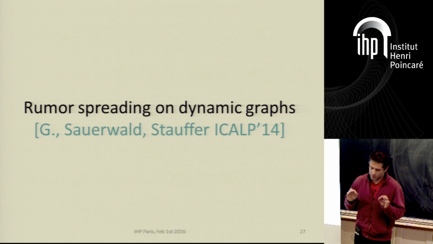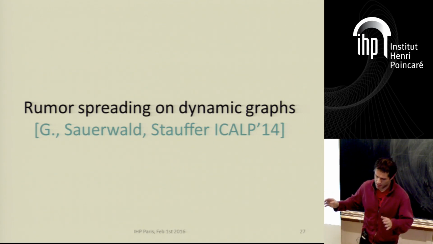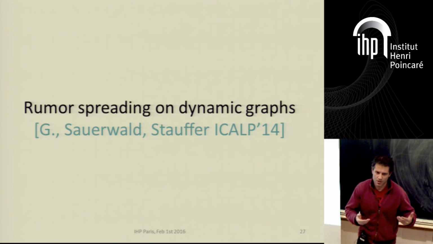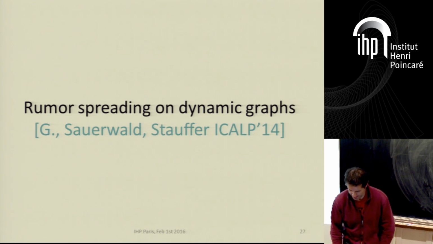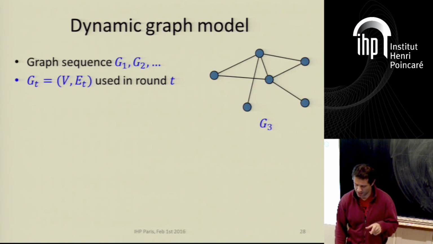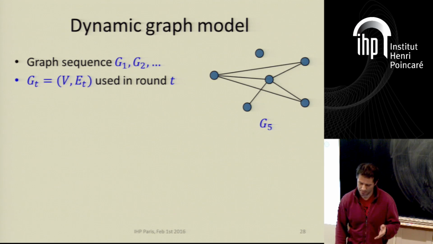So far we have assumed that the graph does not change during the protocol. Now we will assume that it does, and we'll see how these bounds with conductance could be affected. Here is a simple model that we consider. Instead of a graph, we have a sequence of graphs on the same set of vertices. The set of edges may change.